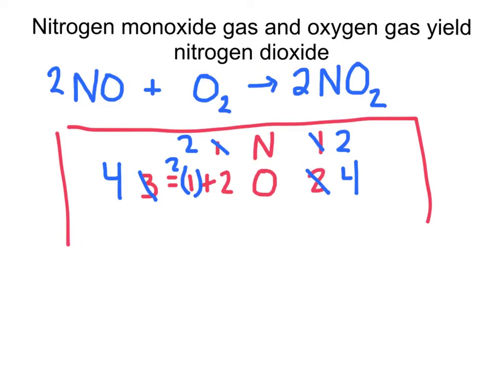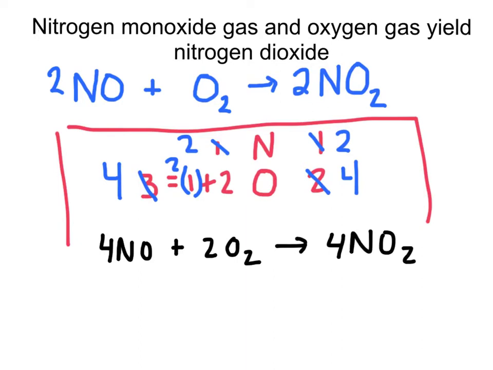When we balance an equation, we want to have it in the lowest whole number ratio. So if I looked at this equation, I could have also said it's balanced when I have 4NO plus 2O2 yields 4NO2, but that's not in the lowest whole number ratio. You can see that I can take that whole thing and divide out a 2.